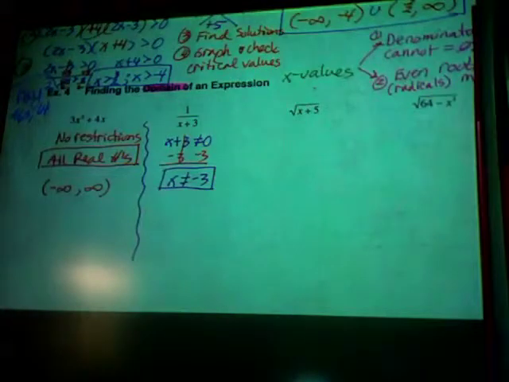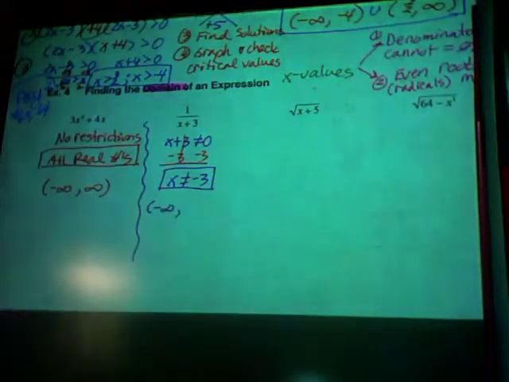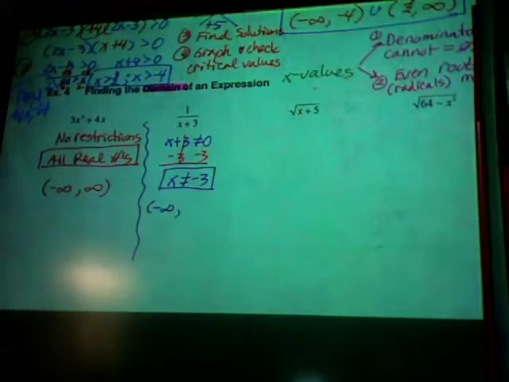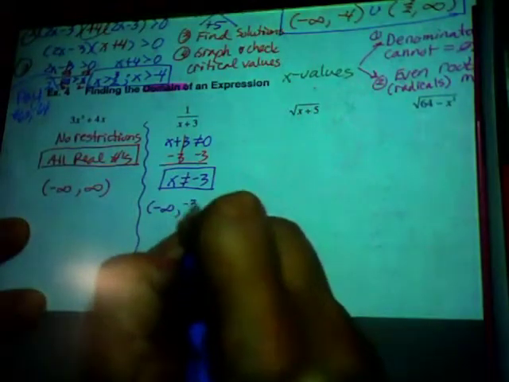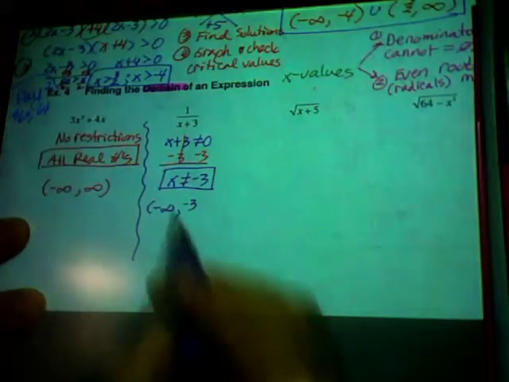What's the left bound to that? Negative infinity. Then we hit what number that we can't have? -3. Do I have a bracket or an open circle there? If it's not part of the solution, parentheses.